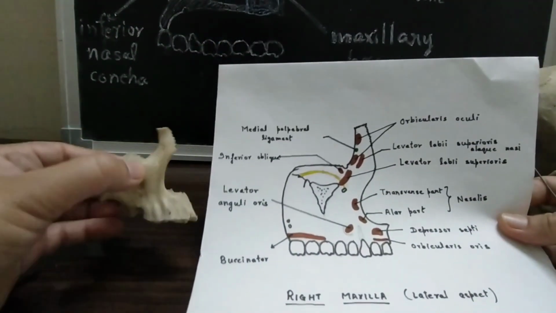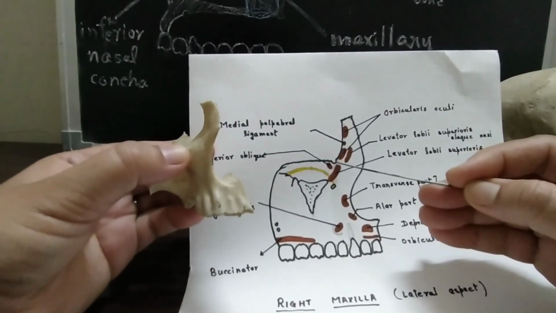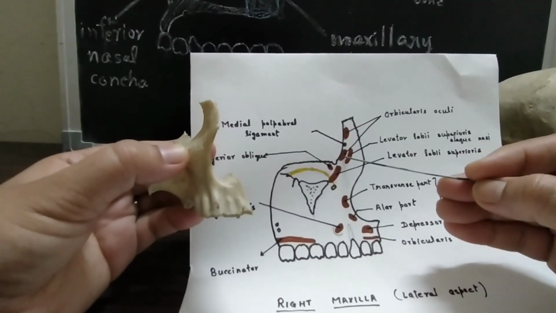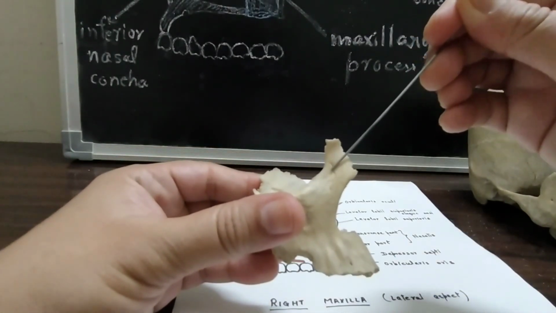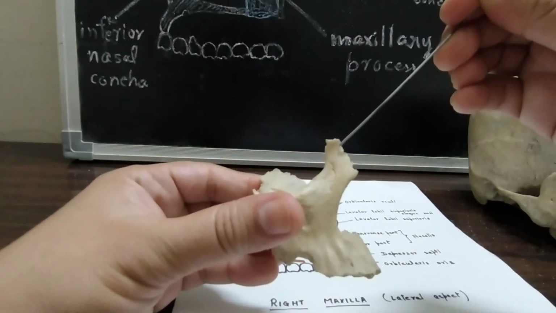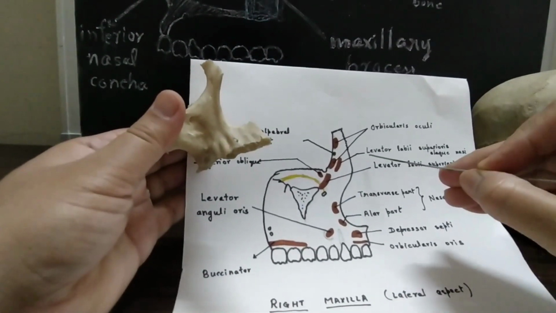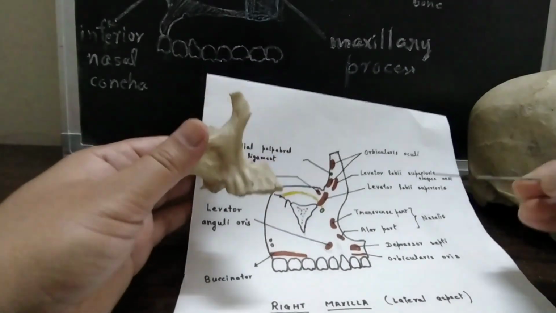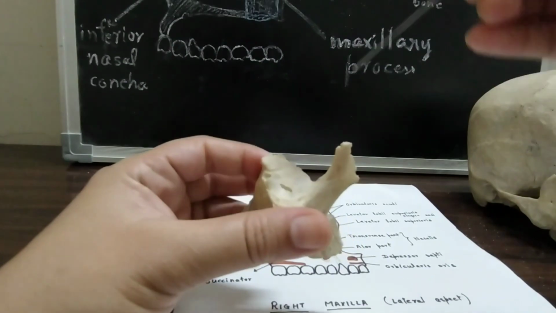So we can see here, this is the frontal process, this is the anterior lacrimal crest. This is the medial palpebral ligament, above and below it is the orbicularis oculi muscle. Lateral to it gives attachment to levator labii superioris alaeque nasi. So these are the attachments of the muscles here.